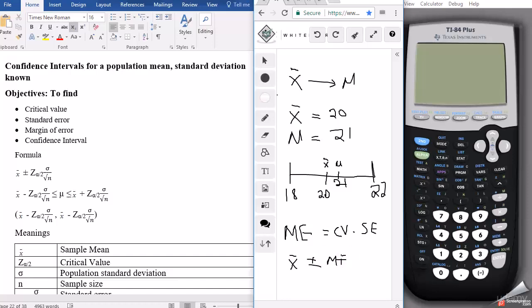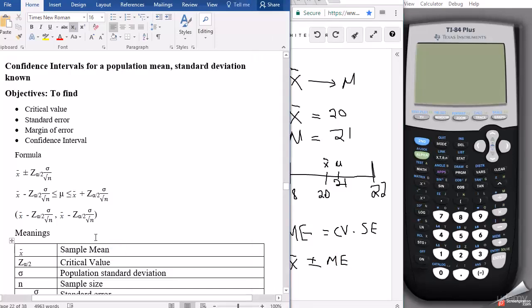Okay, so if you look at the table to the left here, the definitions are made. Another way to write the confidence interval is this way, where you have the population mean in the middle. So the population mean falls between this lower boundary and this upper boundary. This is another way to represent that, the lower boundary on the left and the upper boundary to the right.